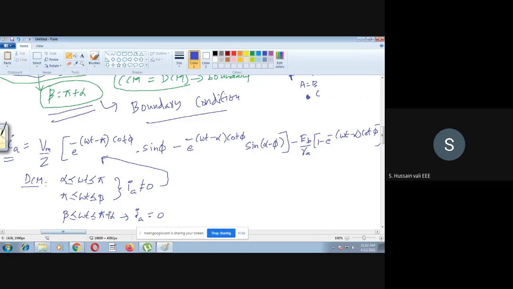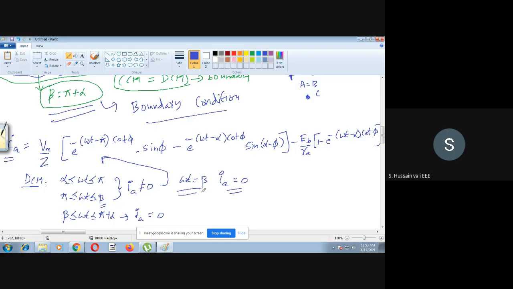In this expression, when omega t is equal to beta, what is the IA value? From alpha to pi and pi to beta, IA will be there. Exactly at beta, IA becomes zero, as we saw last class.